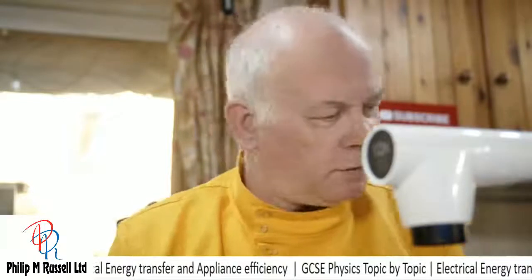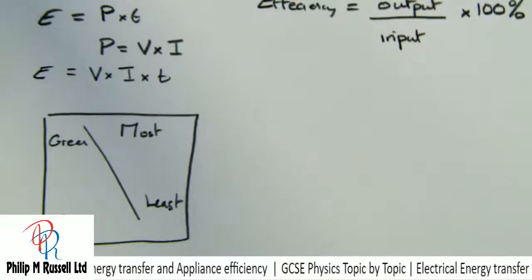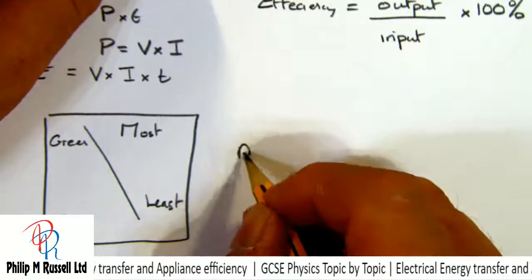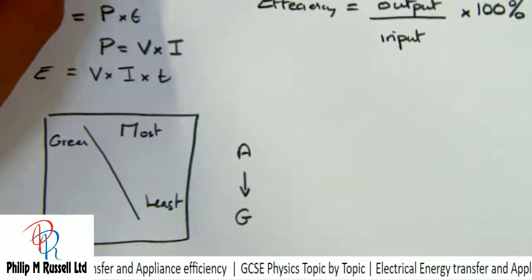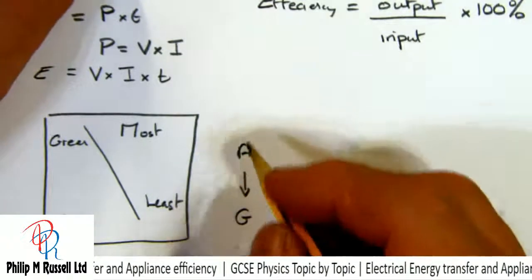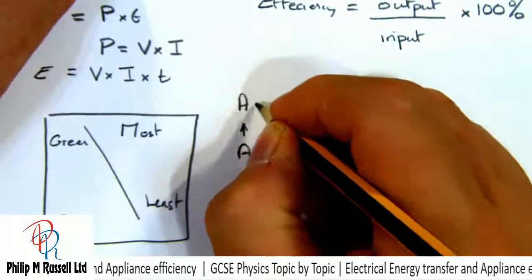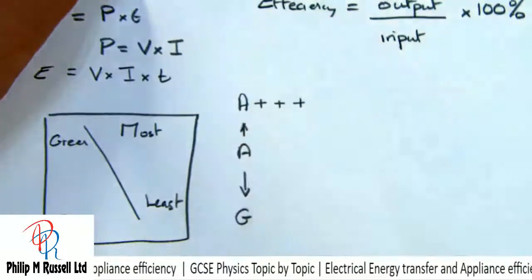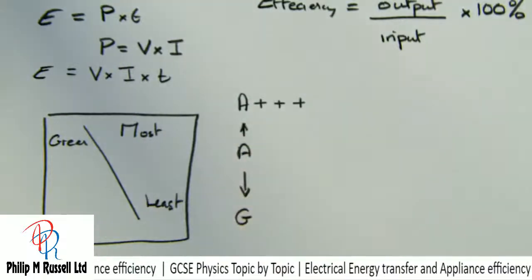So we look at these devices, they've got this efficiency rating, and the efficiency rating normally ranges from A down to a monstrous G. But gradually devices have become more efficient, and we often find we get devices that are going to be A plus or A plus plus or even A plus plus plus.